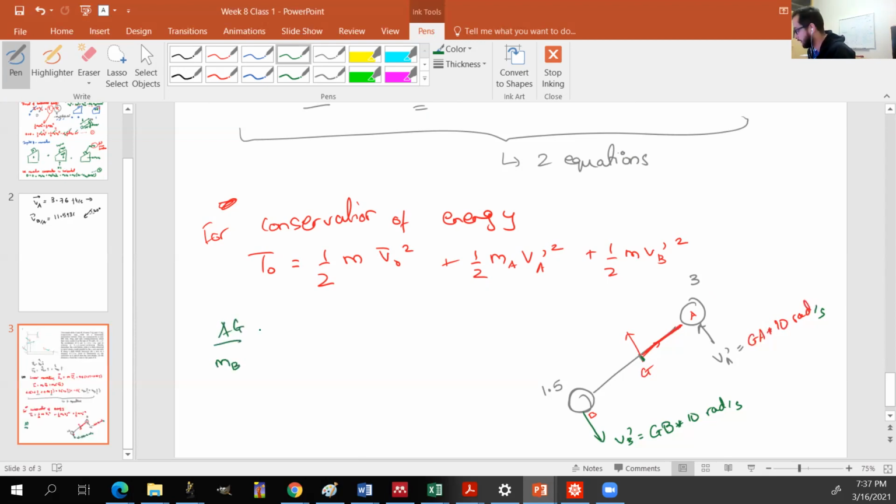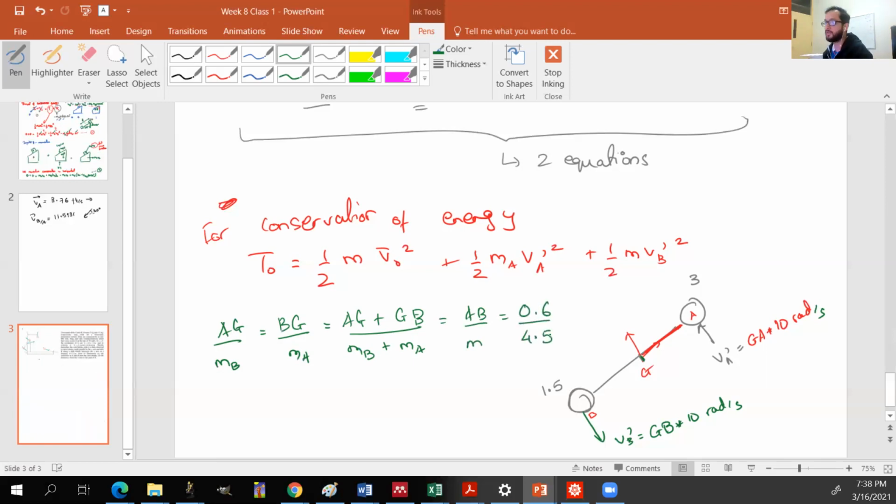So AG over MB is going to equal BG over MA. This is equal to AG, and this is the known side, right? So we know that this is equal to AG plus GB divided by MB plus MA, like that, right?